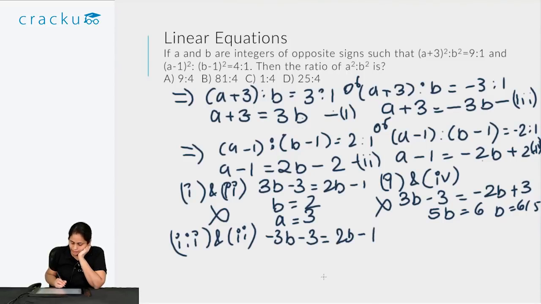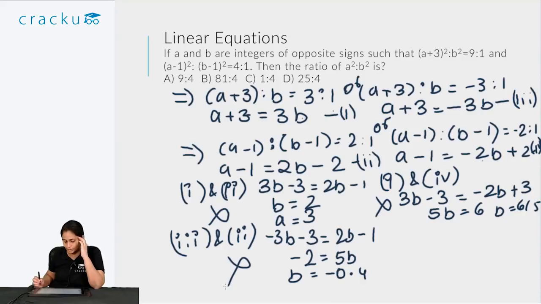So on solving I get minus 2 is equal to 5b. Again I get b is equal to minus 0.4. We know b is an integer, so we can eliminate this particular case because b cannot be a decimal number. So we get the last case, which is 3 and 4.